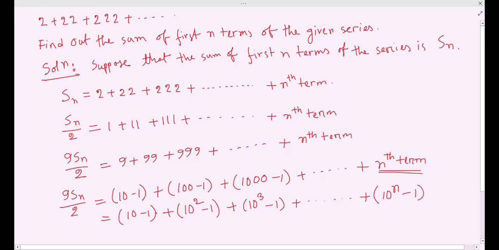We can see that at the first term the power of 10 is 1, at the second term the power of 10 is 2 and minus 1, at the third term the power of 10 is 3 minus 1. So at the nth term the power of 10 will be n, then minus 1.